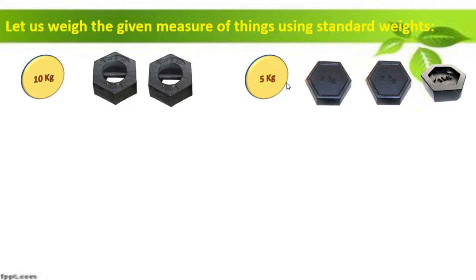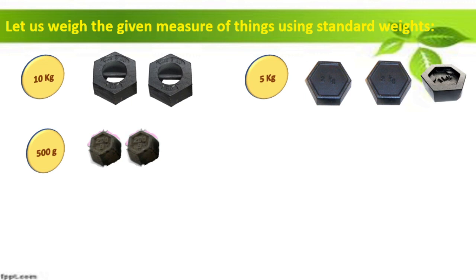Isn't it? Very good. Next is 500 gram I want to weigh, and we have 200 gram stones and 100 gram stones. Then 200 grams, again 200 grams plus 100 grams.